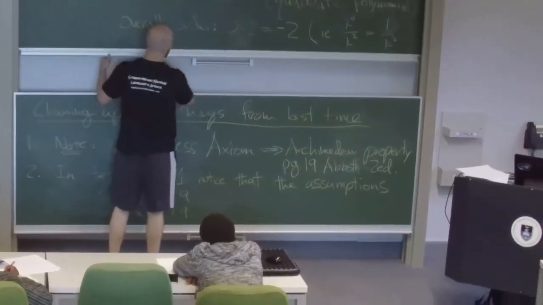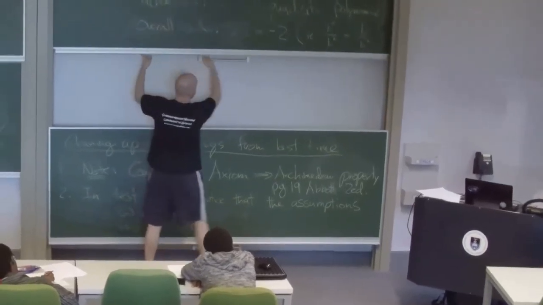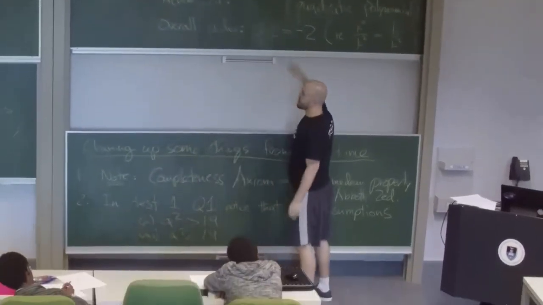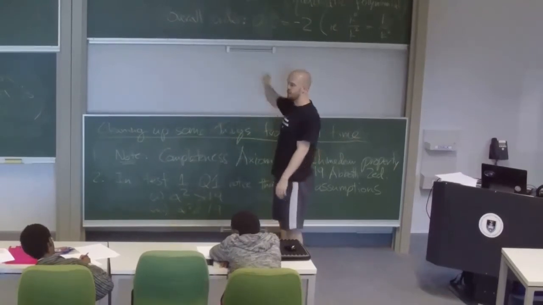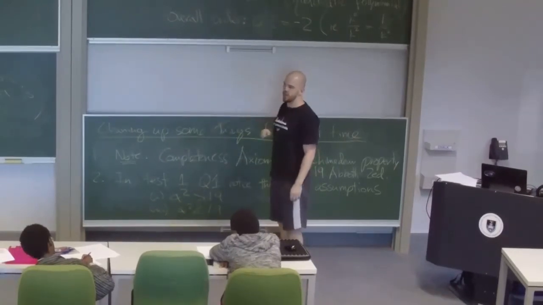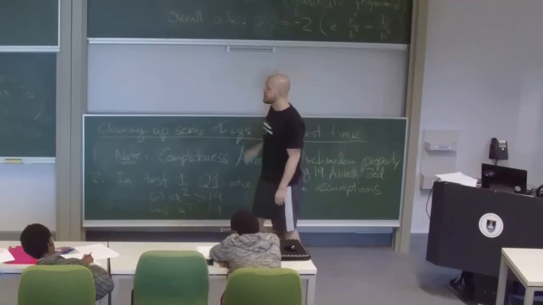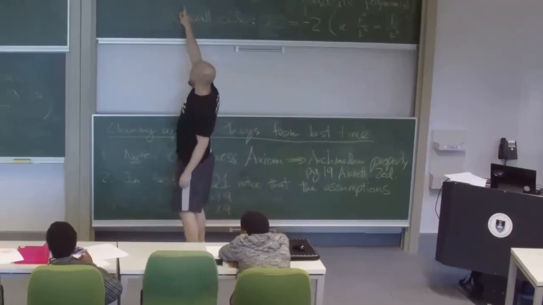We figured out what the overall order was. And since it's -2, in other words, this thing is behaving like 1 over k squared, or some constant times 1 over k squared, as we go to infinity. When I say this thing, I mean that.